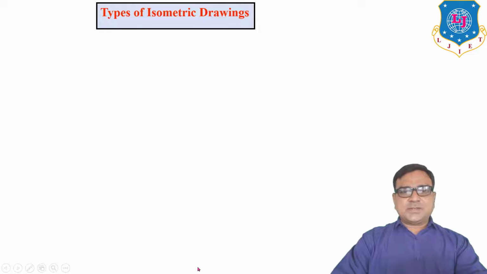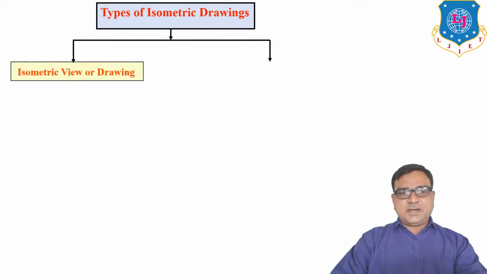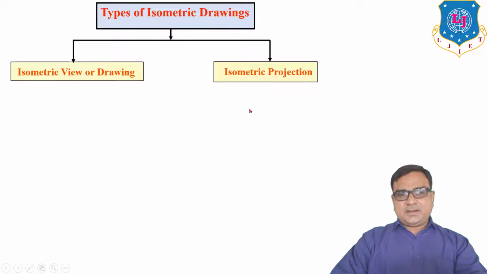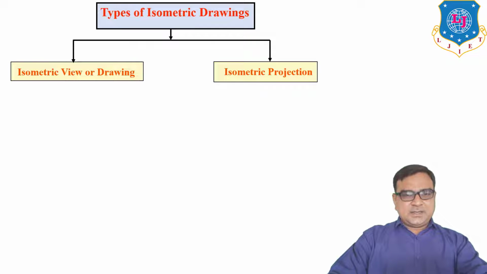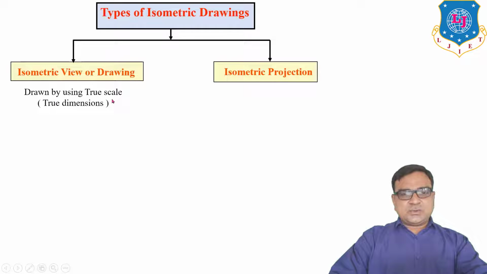Now, types of isometric drawings. There are two types of isometric drawing. First, isometric view, which is also called isometric drawing, and second, isometric projections. Both are 3D drawings. Both represent length, width, and height. But what is different between these two? In isometric view or drawing, it is drawn using the true scale, meaning true dimensions.